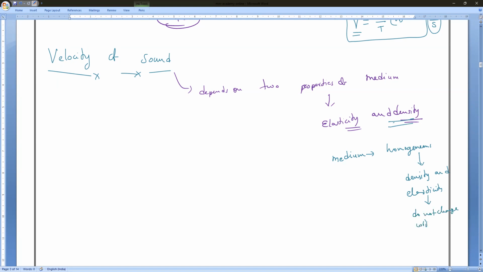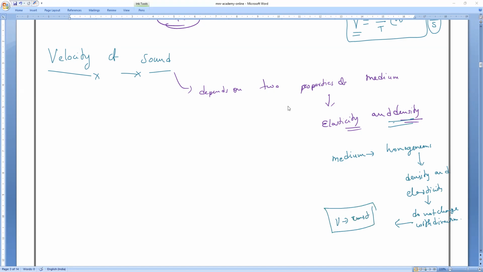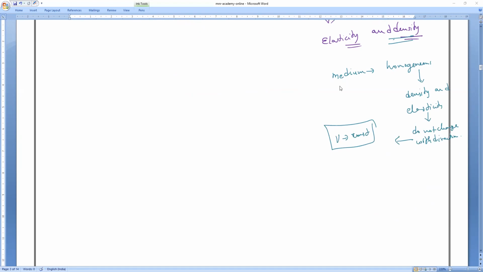The velocity of sound remains constant. That's why in solids, particularly, the velocity of longitudinal waves is greater than that of transverse waves.